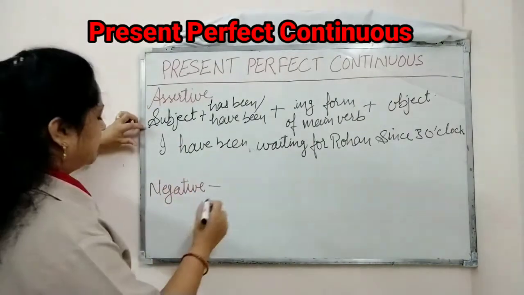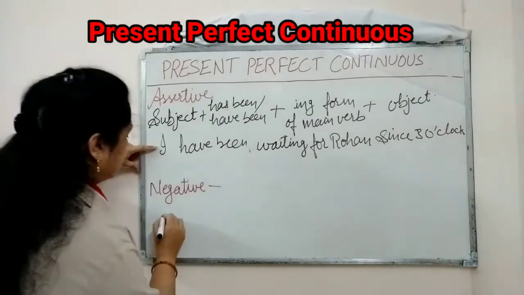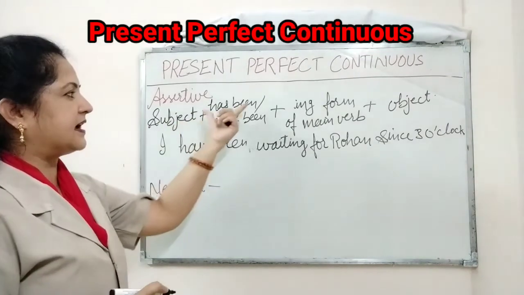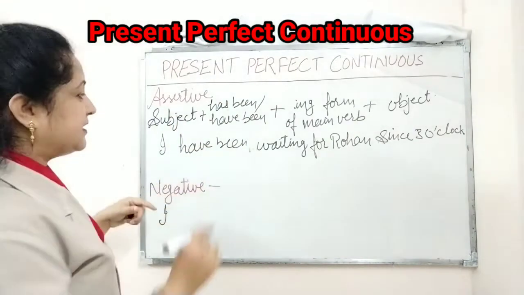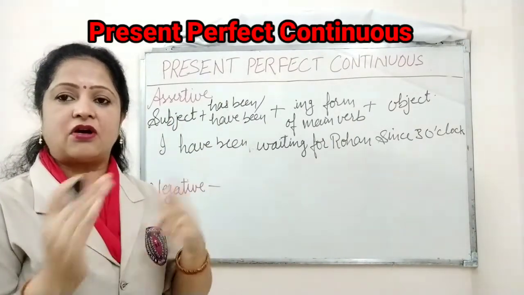In negative form also, first of all we write the subject. So let's write the subject here. I have been. After writing the subject we write have been or has been. So in place of have been or has been we write have not been or has not been.